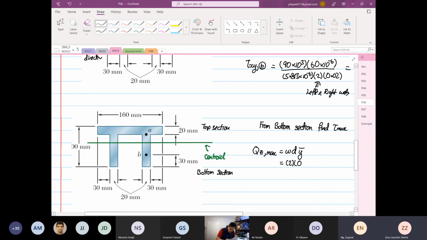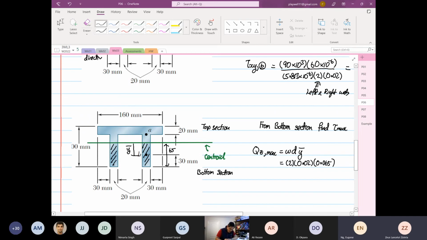The depth is 0.065, because the distance from here to here is 65. And this is our y bar, because we are going to consider the whole area.